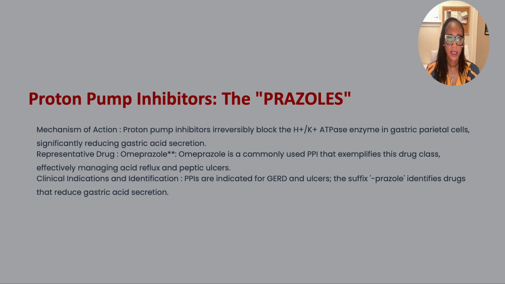Some clinical indications identified for proton pump inhibitors are GERD and ulcers. And of course, as I mention over and over, they help to reduce gastric secretion. So let me just expand a little bit on the slide.